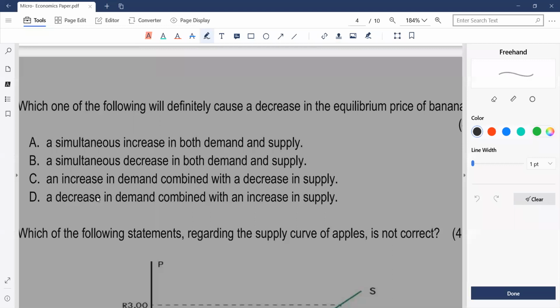Let's go to the next one. A decrease in demand, combined with an increase in supply. Can you see the equilibrium price has decreased? So this one will obviously lead to a decrease in the equilibrium price. Our answer, therefore, is D. Number 8 is D.